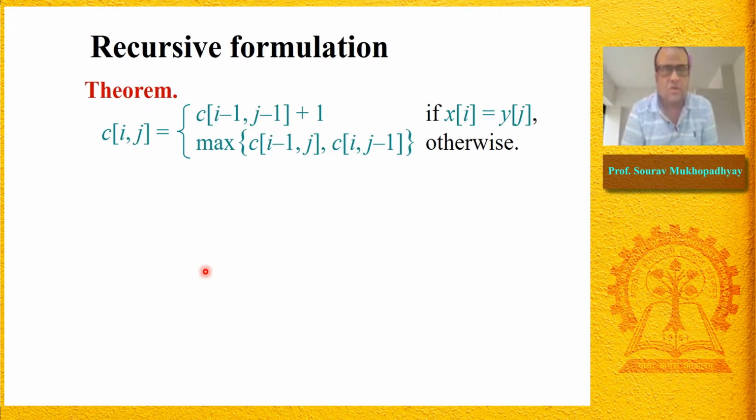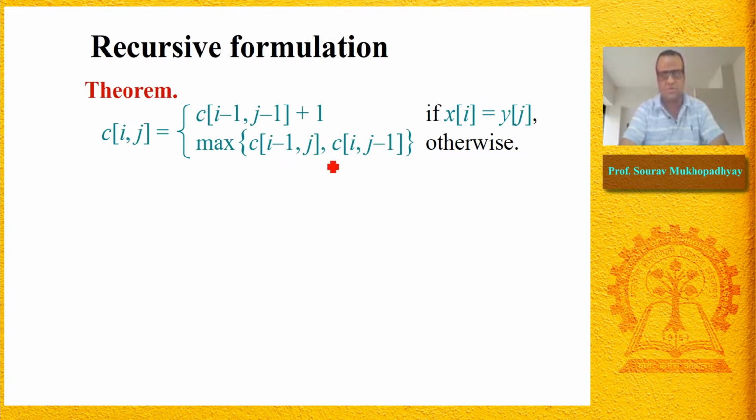Anyway, our claim is Cij can be written as C(i minus 1, j minus 1), one index less, plus 1 if xi and yj are the same. Otherwise, it is the maximum of C(i minus 1, j) or C(i, j minus 1), whichever is the maximum.